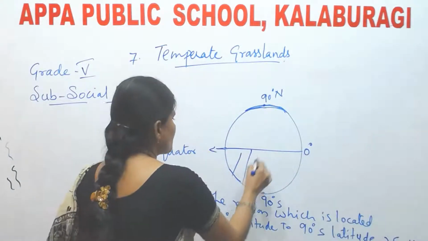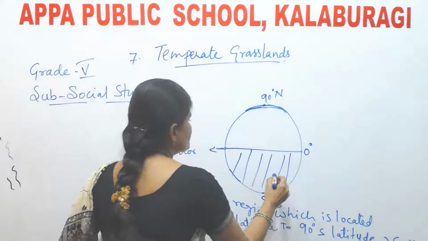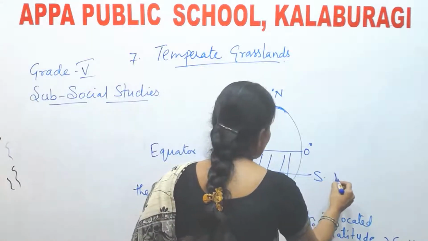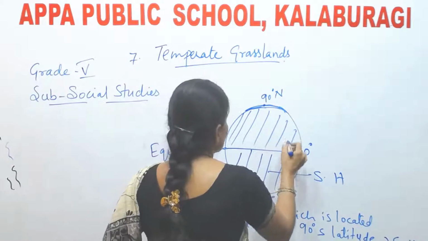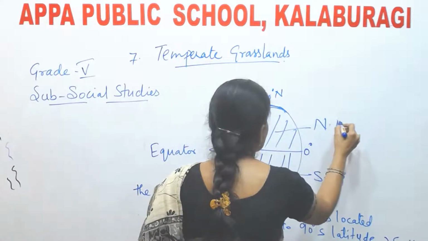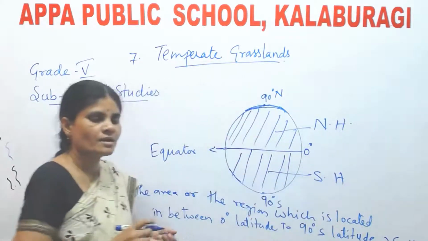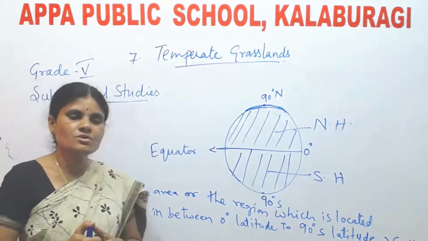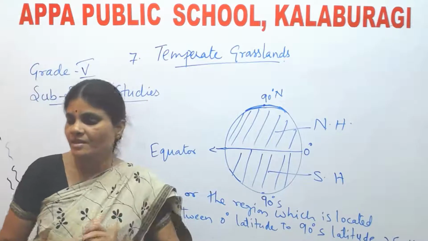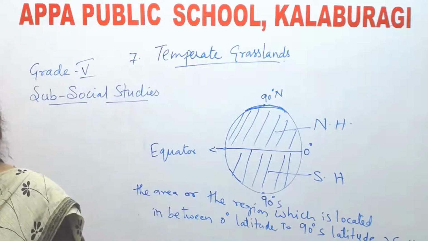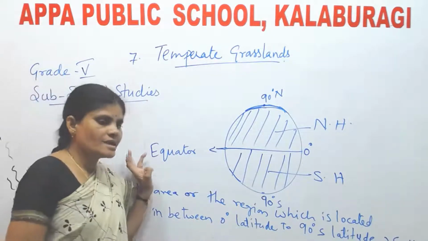Say this area. Understood? This area is southern hemisphere, and this area is northern hemisphere. Okay, now clear which is northern hemisphere and which is southern hemisphere? Now, where are the grasslands located?